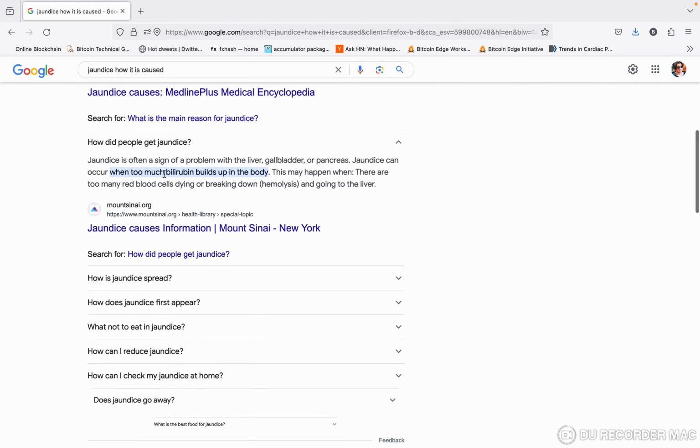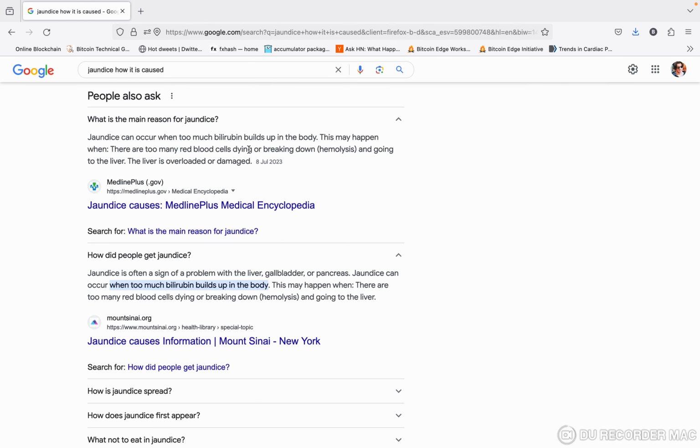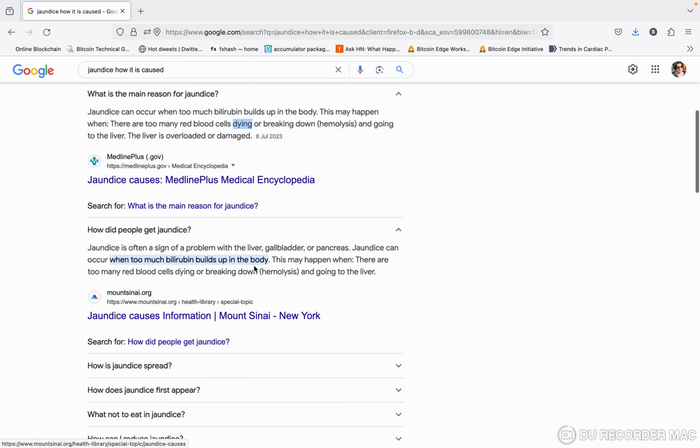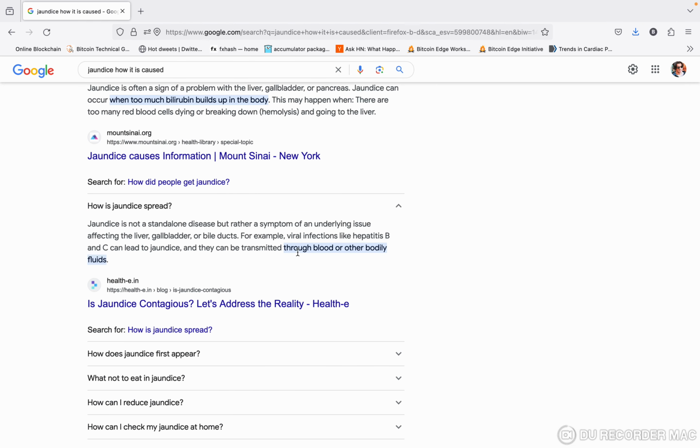Okay, so the RBC dies and that comes into the liver and that causes jaundice. Viral infection, hepatitis B and C, also cause jaundice. Okay, hepatitis also causes jaundice.